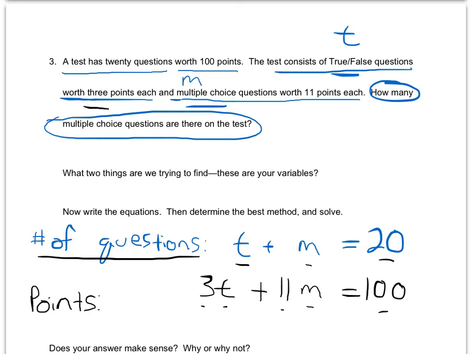If we used elimination, I would try to cancel my t's just because it's a smaller number. So this is a positive 3t. Okay, we should have remembered from elimination, I would want this other one to be this t up here. I would want that to be a negative 3. That way I could simply add them.